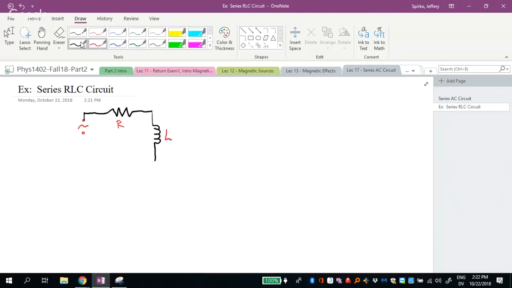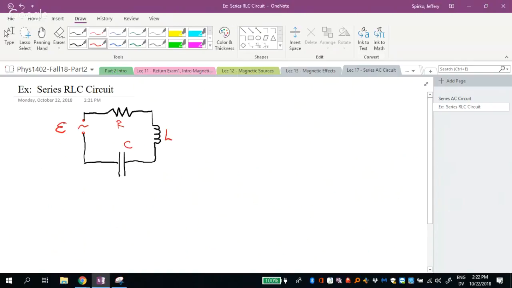That's the L, and a capacitor. And that is the C. And this is our EMF.